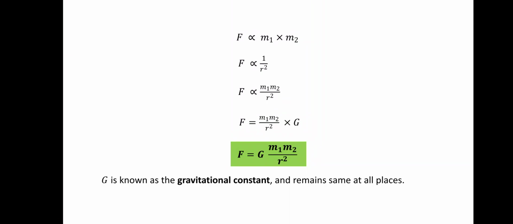Over here G is the constant value. So this expression can be rewritten as F equals G into m1 m2 by r squared, where G is known as the gravitational constant, which remains the same at all places irrespective of temperature, pressure or altitude, etc. It is also known as the universal gravitational constant.